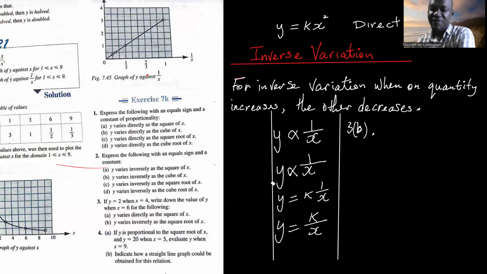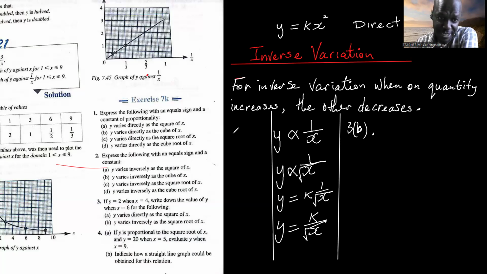So there should be a square root sign below. All right, so let's do the first one. Let's find k.